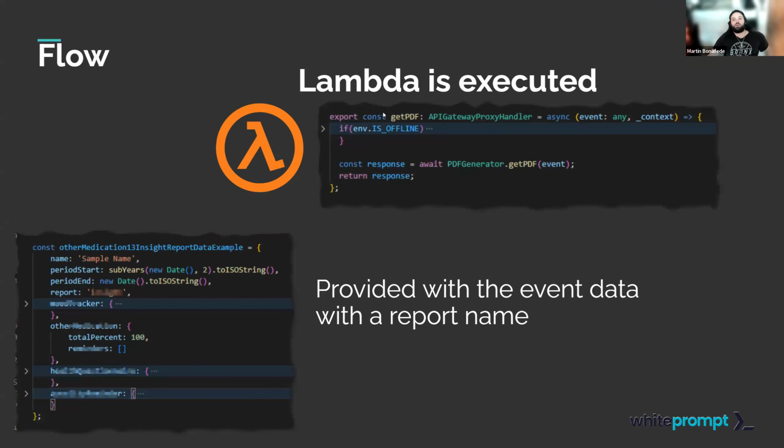This is some code. Basically, when you call the Lambda, if it's offline, the data will be transformed to use dummy data. But if not, you can generate the PDF, and the object we use is something like that.